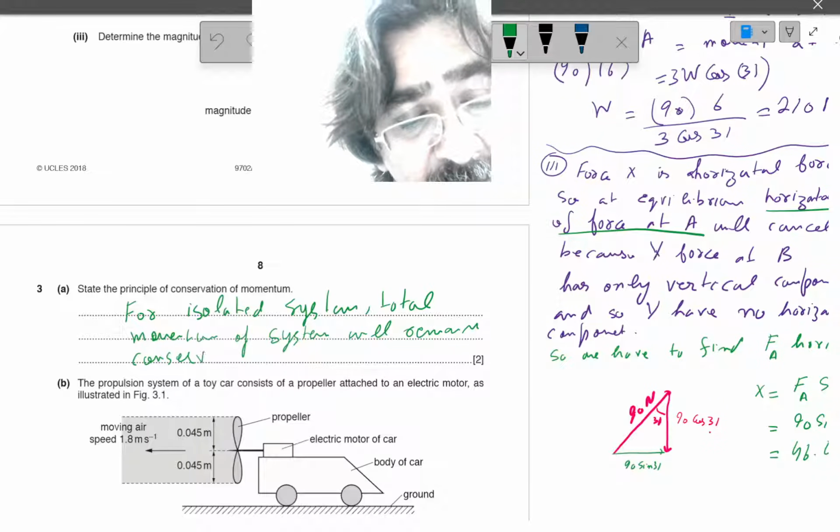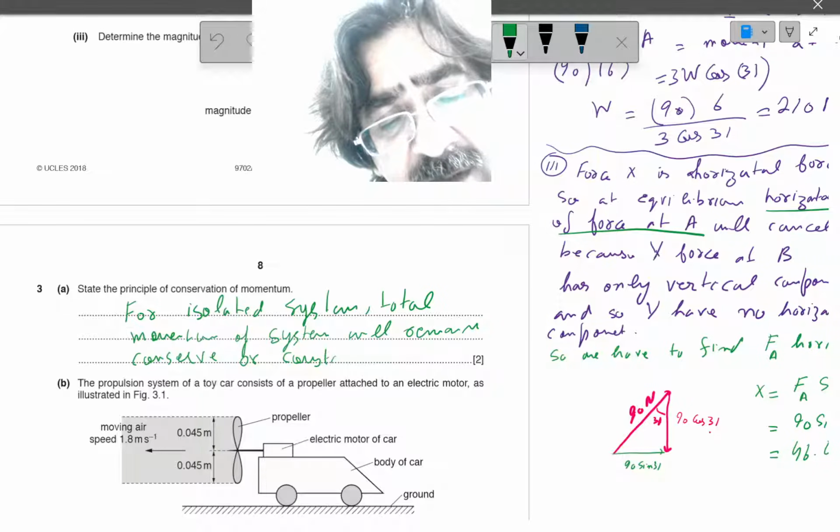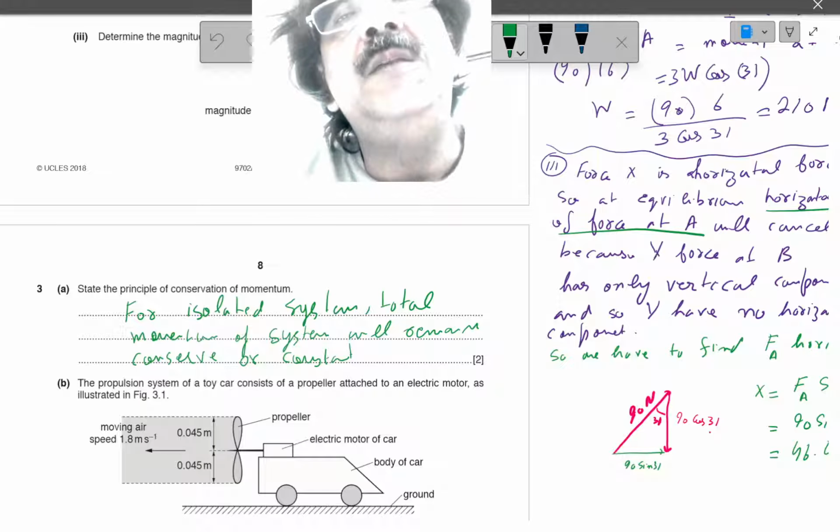Conserve and constant have the same meaning.